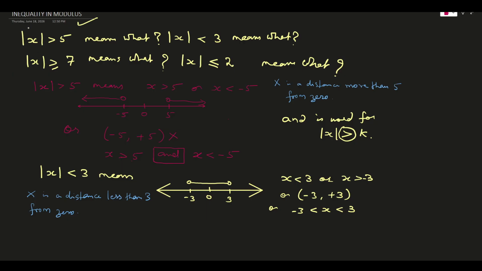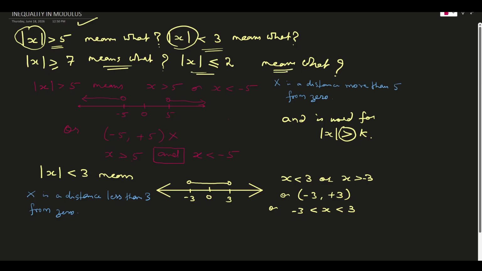Suppose somebody says that modulus of x is greater than 5. What is the meaning of that? Suppose somebody says modulus of x is less than 3. Then what is the meaning of that? If somebody says modulus of x is greater than or equal to 7, what is the meaning of that? And if somebody says modulus of x is less than equal to 2, then what is the meaning of that?